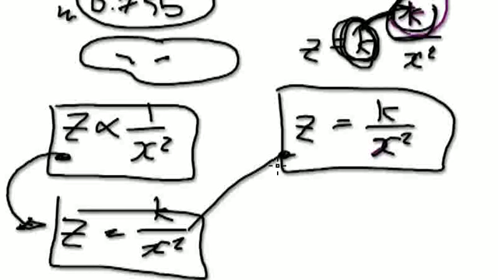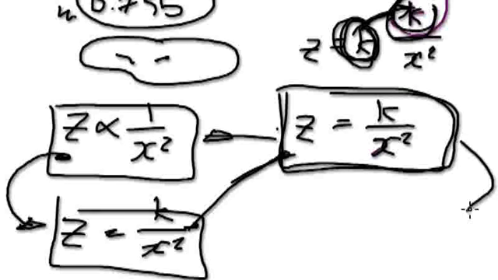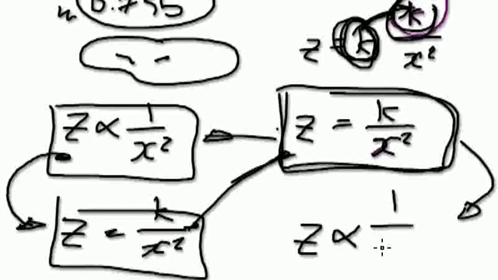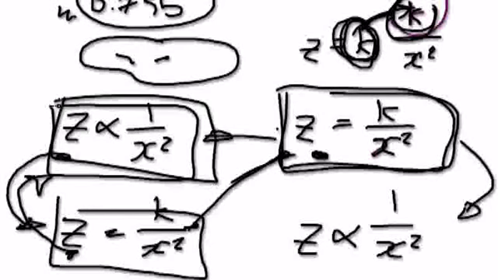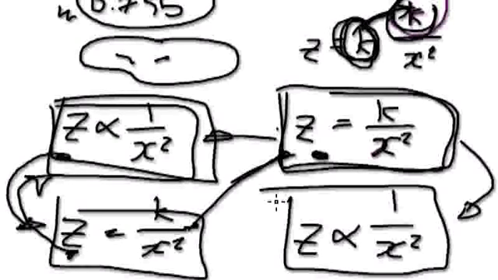These two are the same, so we can work backwards and jump back to z is inversely proportional to x squared. Now we can say this statement: overall, z is inversely proportional to x squared. So that's your answer.